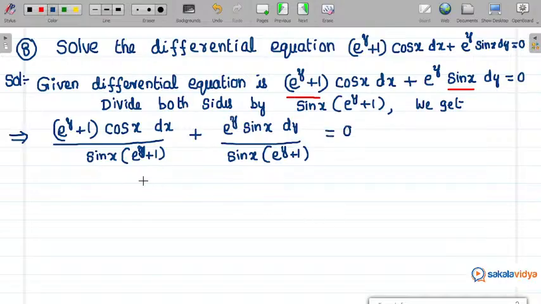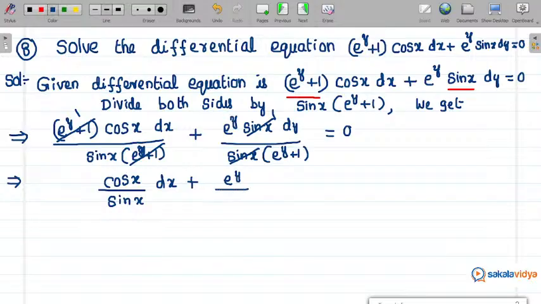Then what happens now here? e^y + 1 gets cancelled in the first term, and sin x gets cancelled in the second term. So, now we have, it's very interesting, cos x by sin x, do not write cot x, keep it as it is, cos x by sin x dx plus e^y upon (e^y + 1) dy is equal to 0.